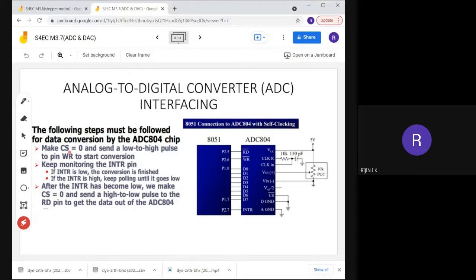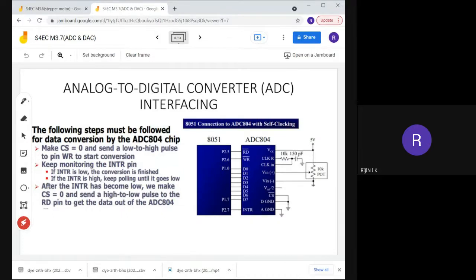After starting the conversion, we need to keep on monitoring the INTR pin. Whenever the value of INTR becomes low, then we can understand that the conversion is finished. If INTR is high, that means the conversion is not finished. We need to keep on polling.